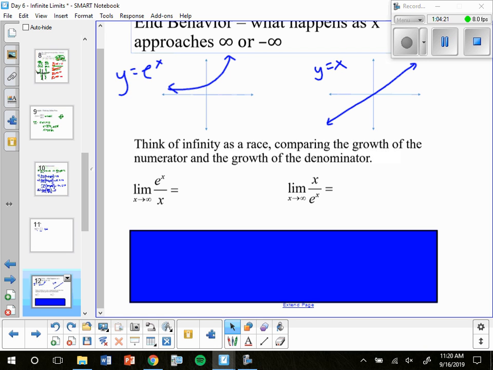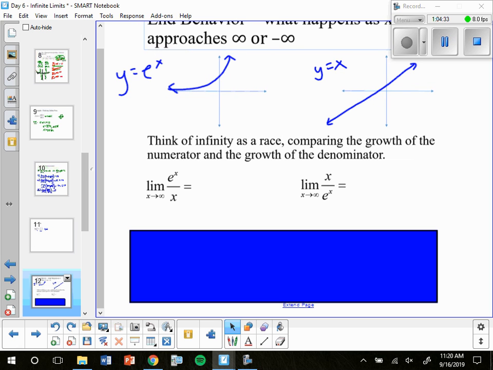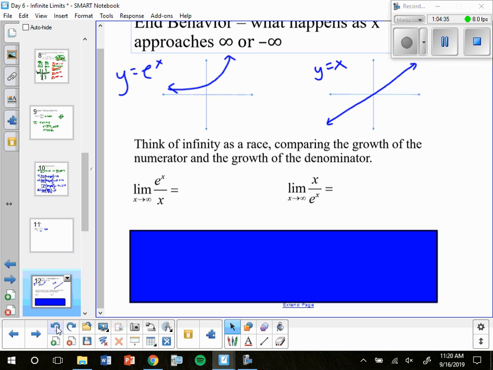Does that make sense? So the difference between them keeps growing and growing and growing. My fraction keeps getting bigger on the top more than it gets bigger on the bottom. So what is that going to go to? What do you say, Olivia? Positive infinity. My top is growing faster. That fraction just keeps growing. Both the numerator and denominator are getting bigger, but the top is getting bigger faster and faster and faster.